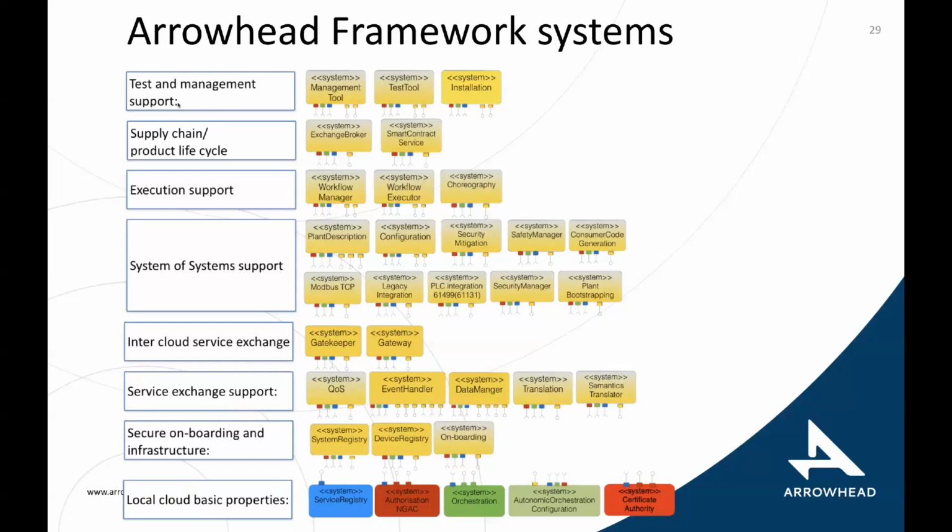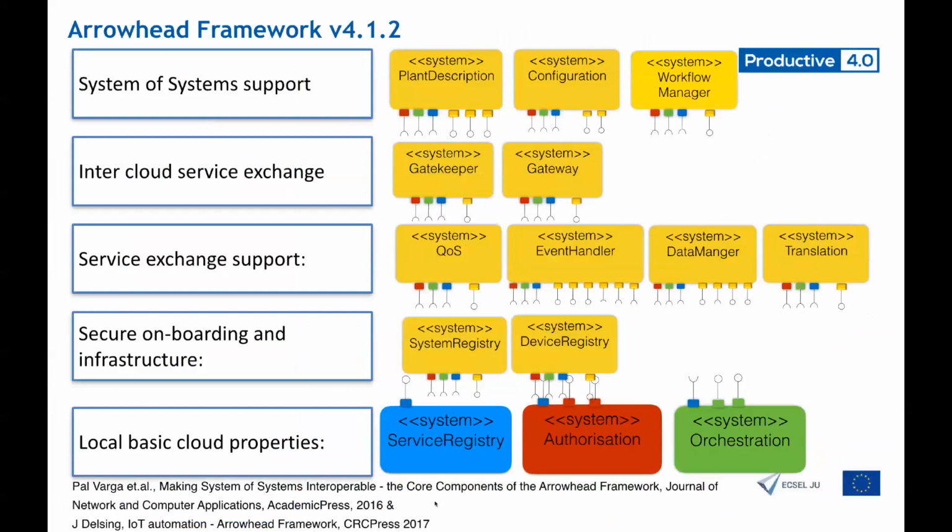And those with, I would say, solid currency, those are released, and the others are more experimental, but there are people working on all of these yellow boxes, and there might be boxes which I haven't captured yet, but this is what's going on. And if we look at this picture, this is what currently is released as version 4.1.2.